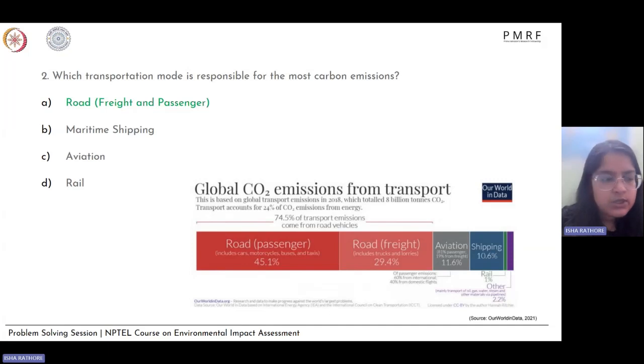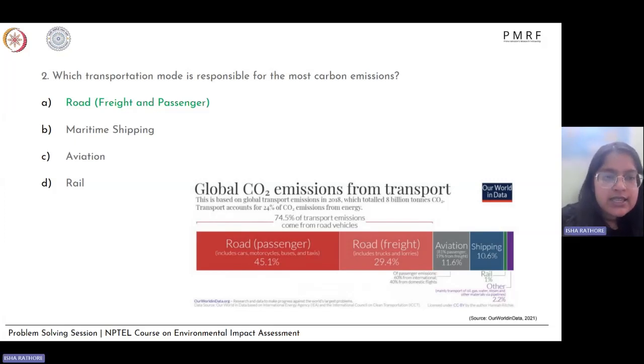So this is like trucks and lorries which carry different packages and things. So that contributes 29.4%. And together, road freight and passenger contribute 74.5% of the total transport emissions. Whereas aviation contributes 11.6, maritime shipping contributes 10.6, and rail contributes 1% of emissions.